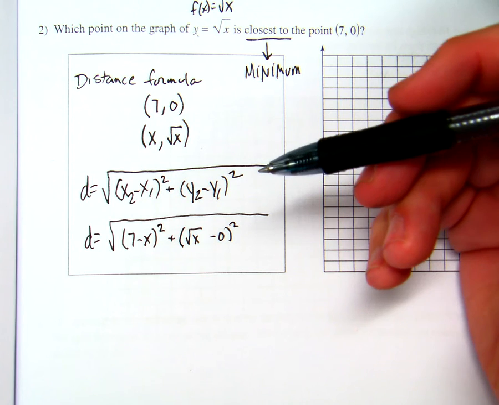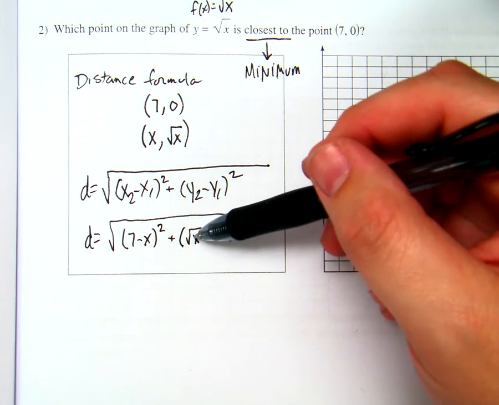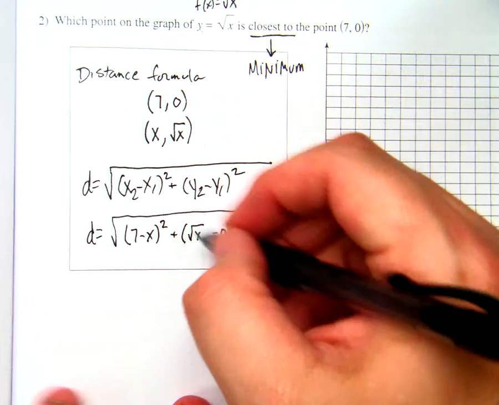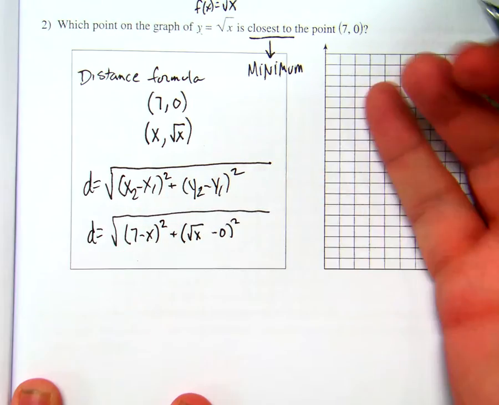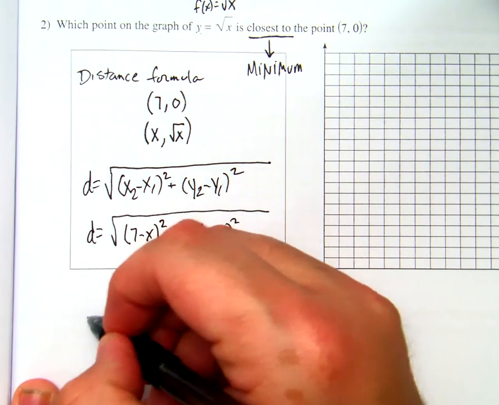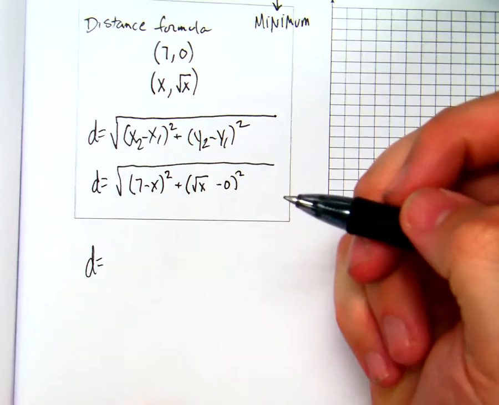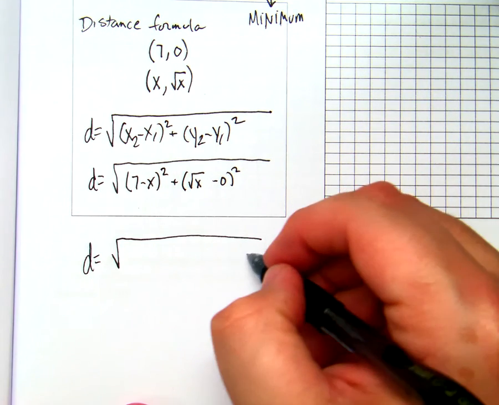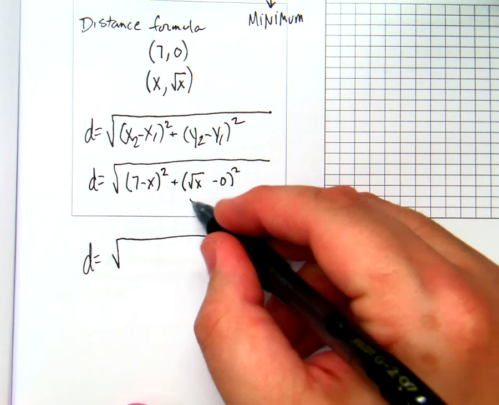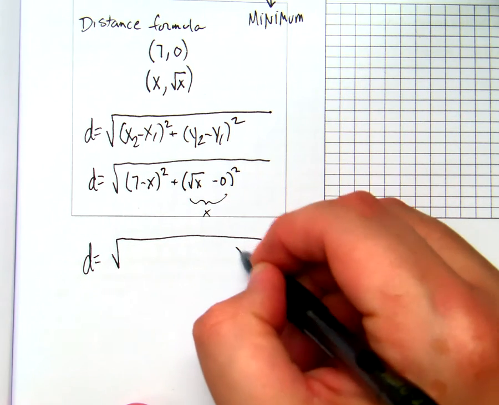And that's why I put the square root of x first, because what's the square root of x minus 0? Square root of x. And then square it, what do we get? x. So thankfully, that square root of x doesn't make too much of a mess. From this guy, I'm just going to get an x.